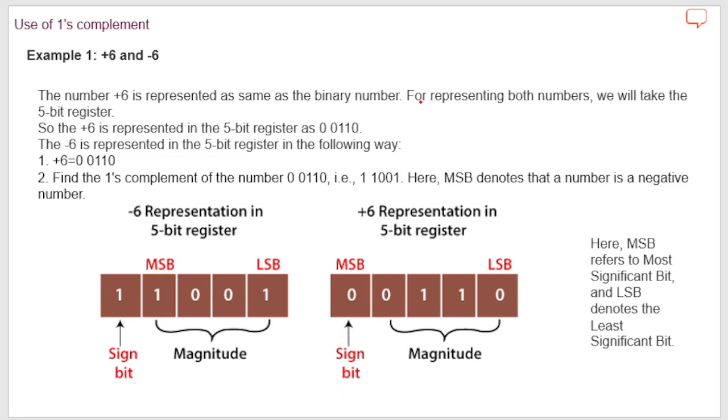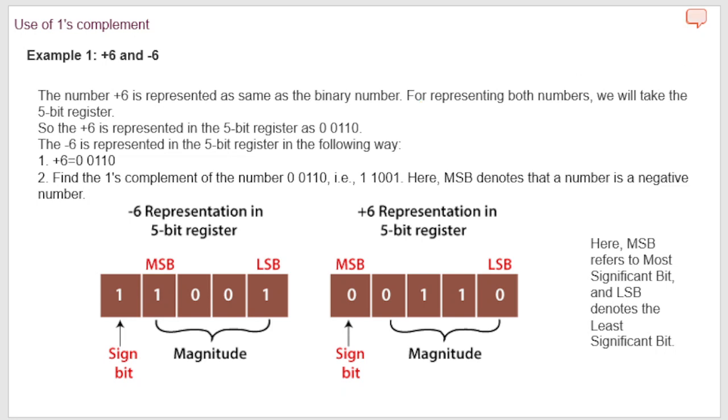For representing positive numbers there is nothing to do, but for representing negative numbers we have to use the 1's complement technique. We represent the number with a positive sign, and then we find the 1's complement of it.